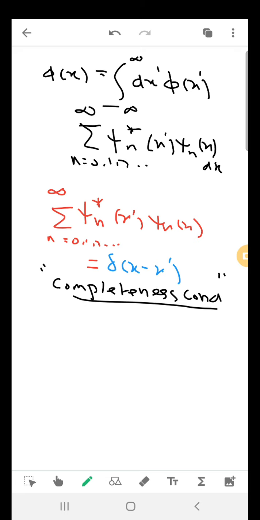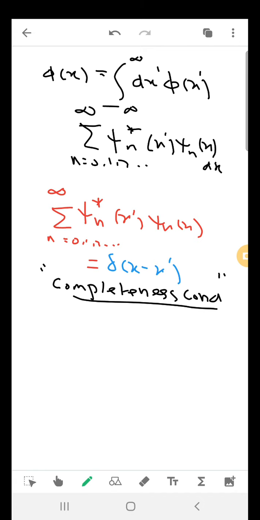That's the completeness condition. Let's take an example.